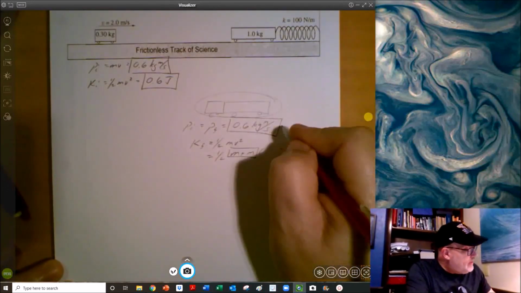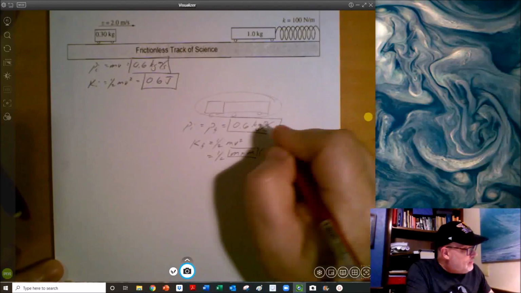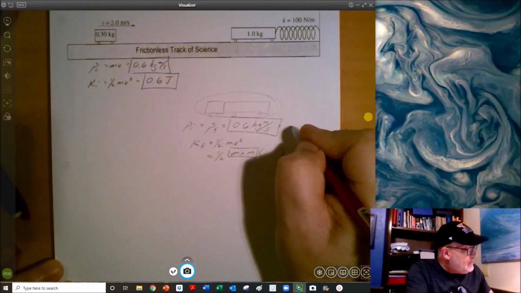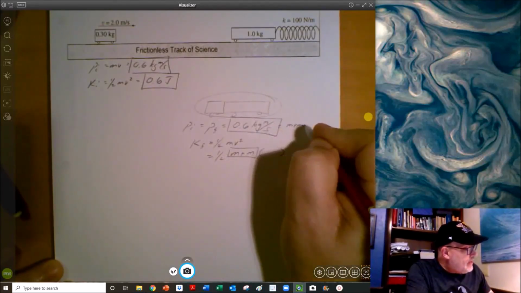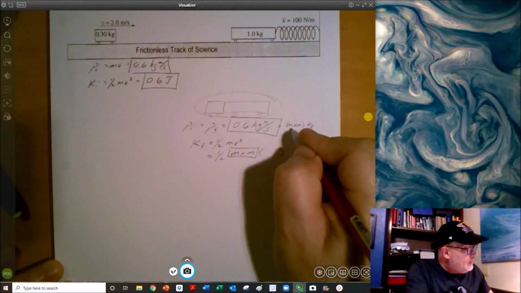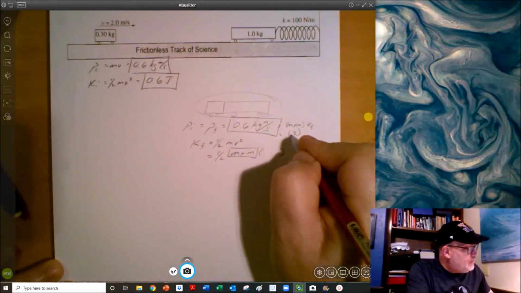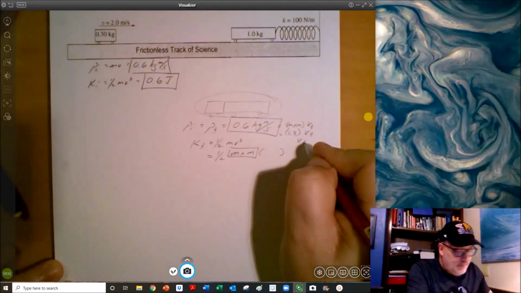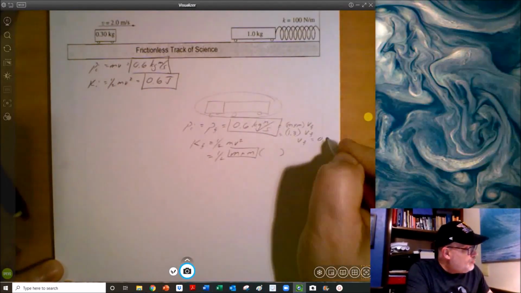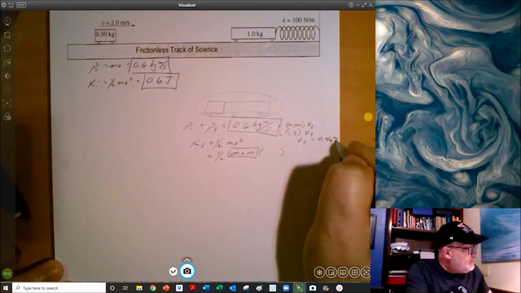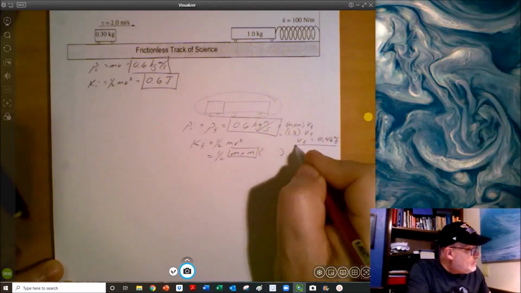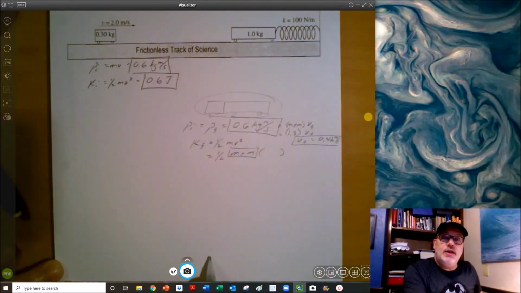So let's find out. Let's go back to momentum. This final momentum must equal m plus m times v final. And that's the mass of both of them together. So it's 1.3 v final. So our final velocity turns out to be 0.46 meters per second. And I'm running out of room. There's our final velocity.